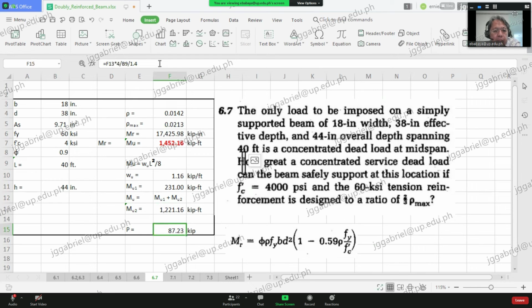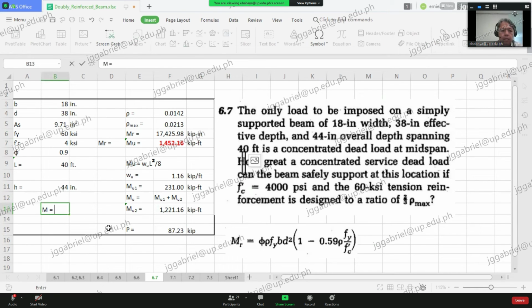So now how do we apply that? If you check the formula, okay, the formula for the maximum moment with a concentrated load at midspan is P, that's the concentrated load. So PL over 4. Okay. M equals PL divided by 4. Okay.